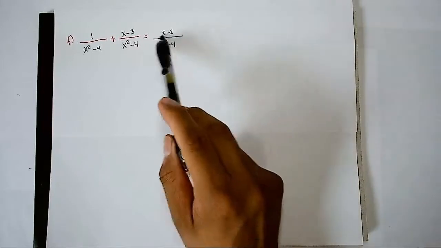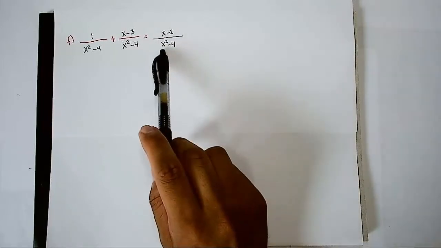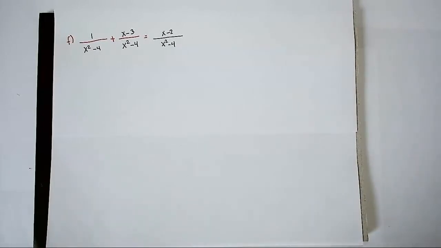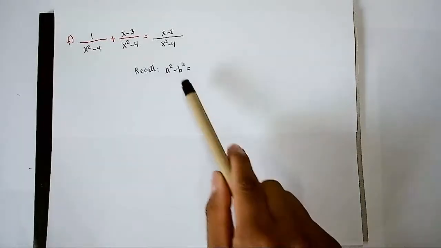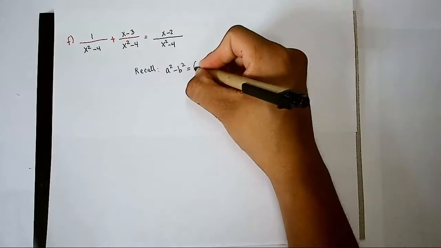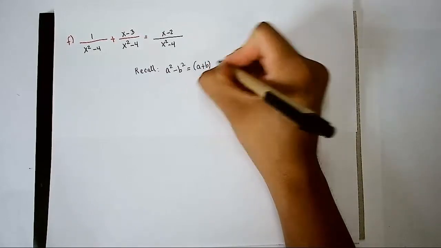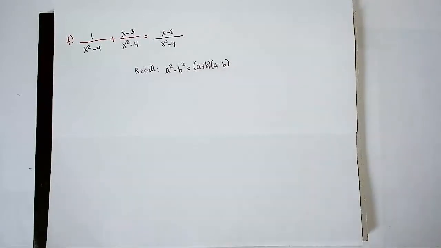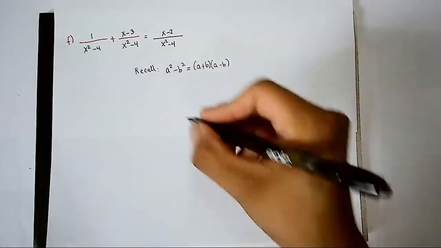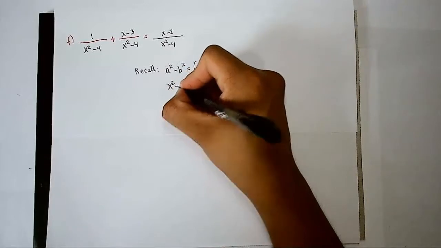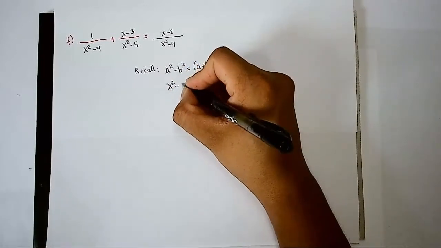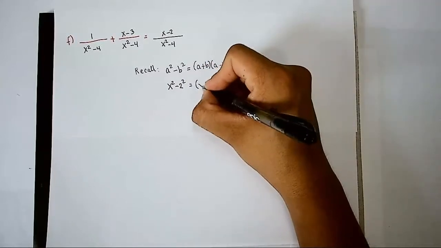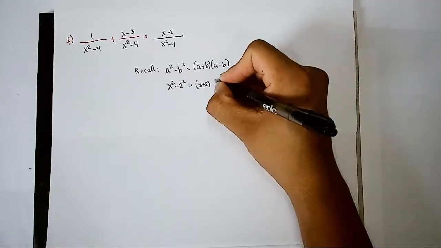Now, from here, notice that this is the difference of two numbers squared. And this was equal to the addition of the two numbers times the subtraction between the two numbers. In other words, x squared minus 4 was x squared minus 2 squared, which was equal to x plus 2 times x minus 2.